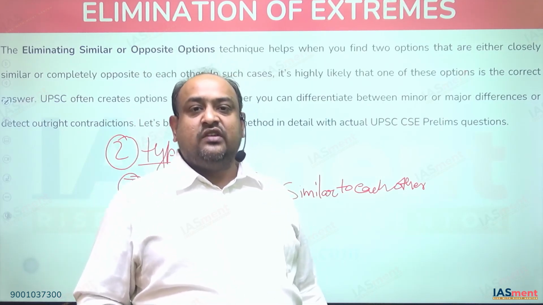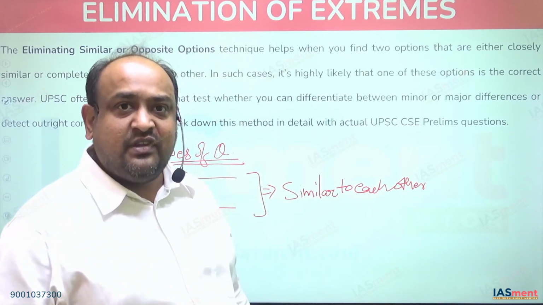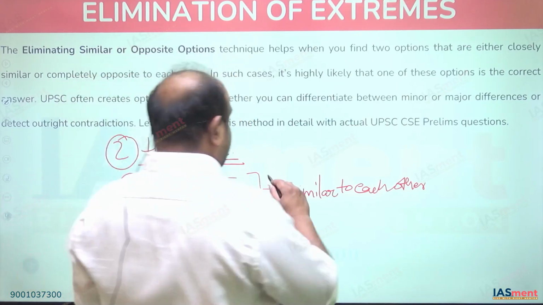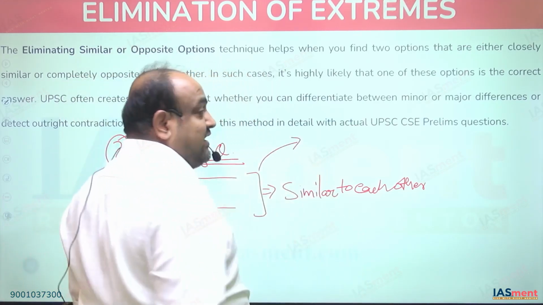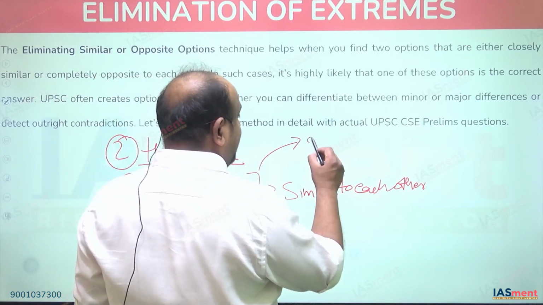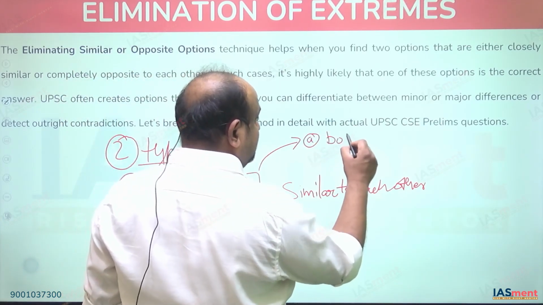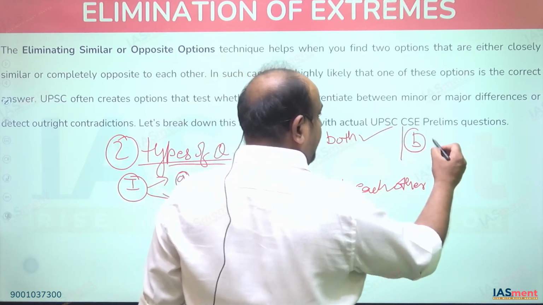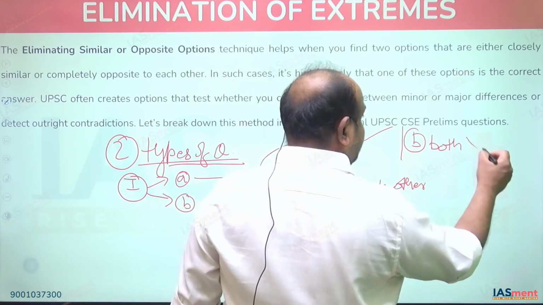Both the statements support each other. If this is the case, then the answer will only and only be either both given statements are correct or both given statements are wrong.